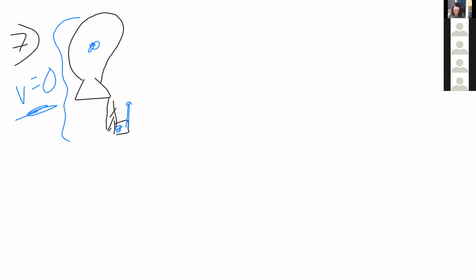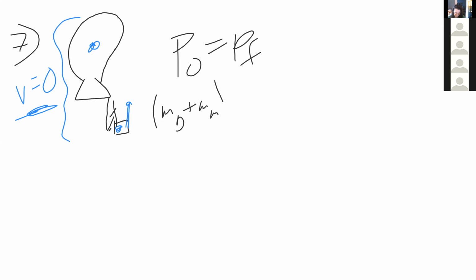Maybe this isn't a basic way, but a more physically intuitive way to look at it is that my initial momentum is equal to my final momentum. What's my initial momentum for the whole thing? Well, in both cases it'll be mass times velocity, right? So what is my mass? It's the mass of the balloon plus the mass of the man, but I know that the initial speed is 0. So that initial momentum is 0.